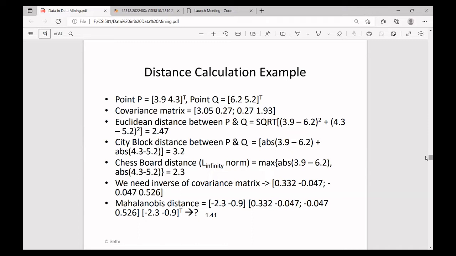Now, the reason for using city block distance might be, especially many years ago when computational resources were not that great, that it does not involve a square operation or a square root operation.